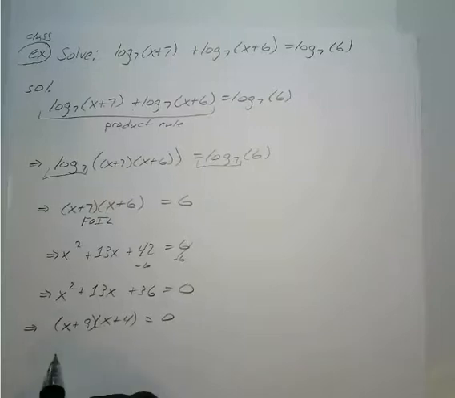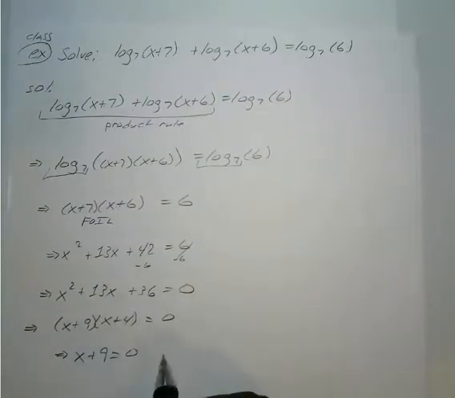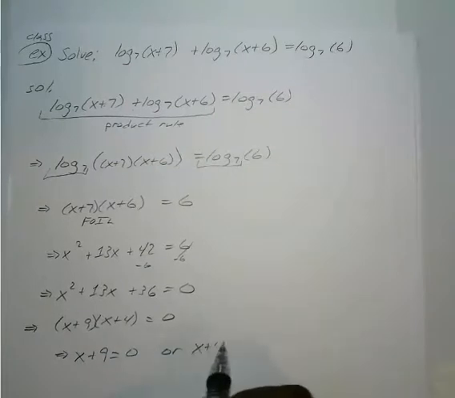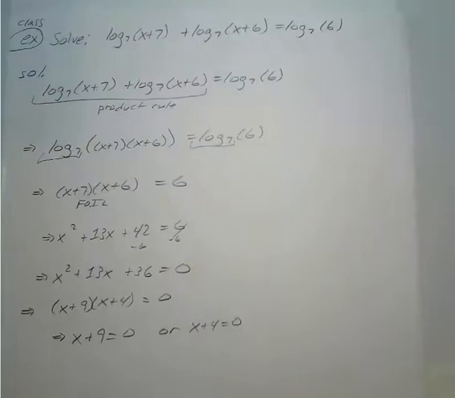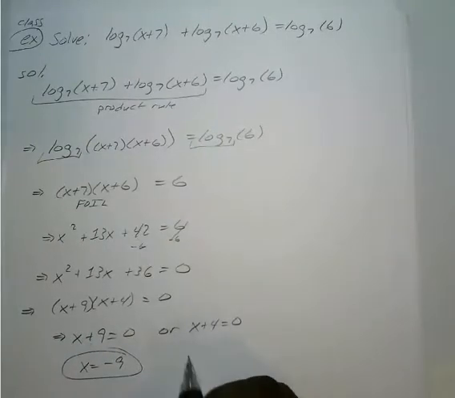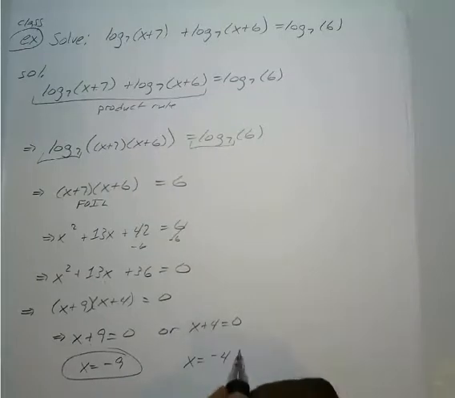Okay, so we set those to 0. So x plus 9 equals 0, or x plus 4 equals 0. If we subtract 9 from both sides, we have x equals -9. If we subtract 4 from both sides, we have x equals -4.